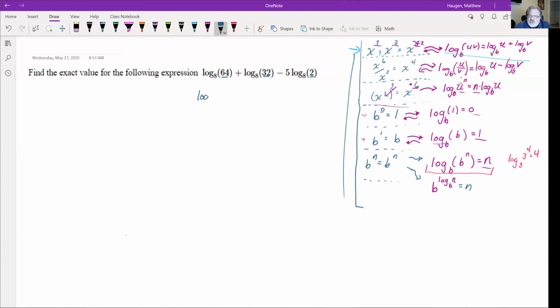This is log base 8. 8's a power of 2 as well, of 2 to the 6th plus the log base 8 of 2 to the 5th minus 5 times log base 8 of 2. Is that a fair argument? Now, whether that's useful or not, it's true.